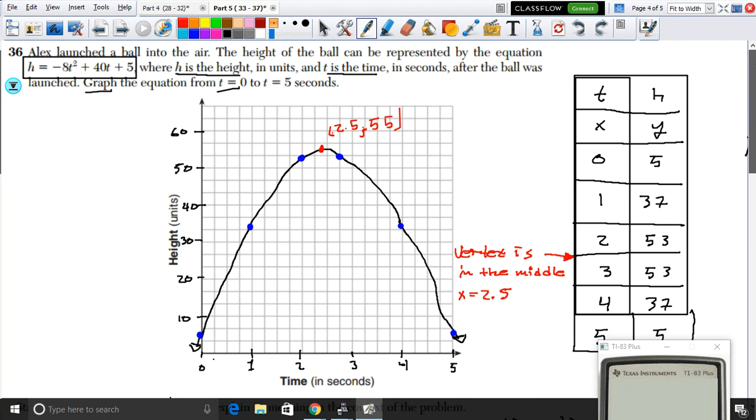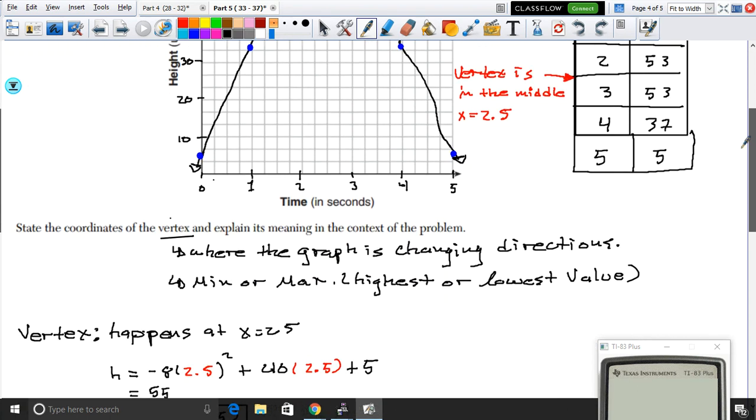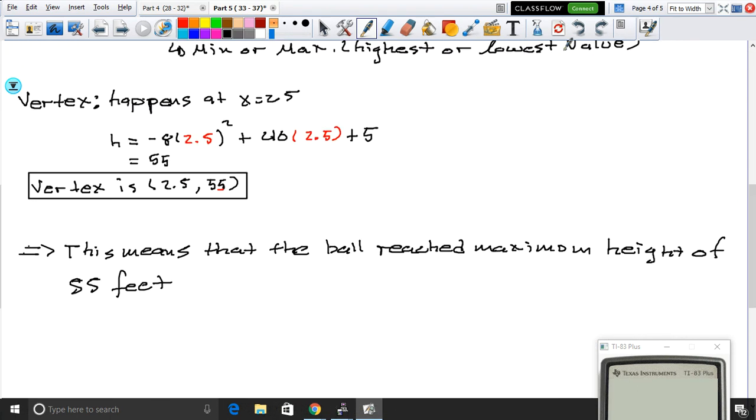Well, it doesn't say. It just says that it's a height. Well, let's just say that it's feet. So a height of 55 after 2.5 seconds, the ball was launched.